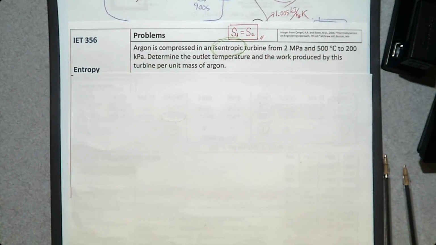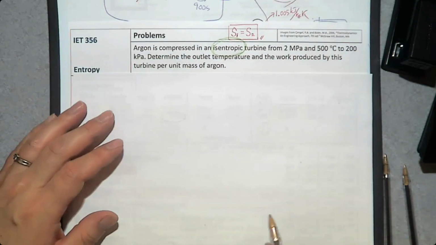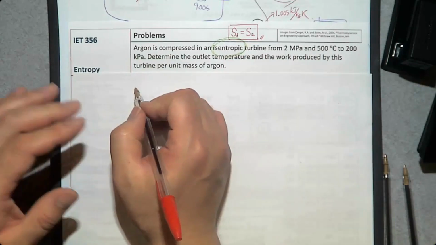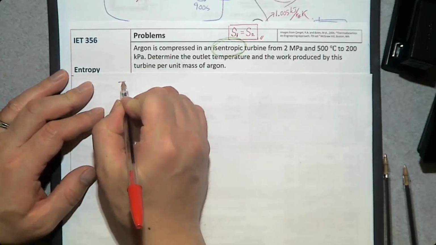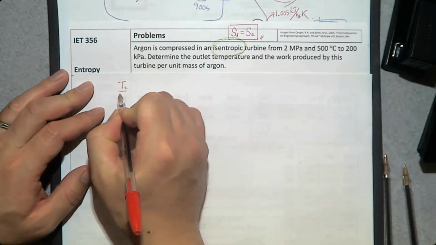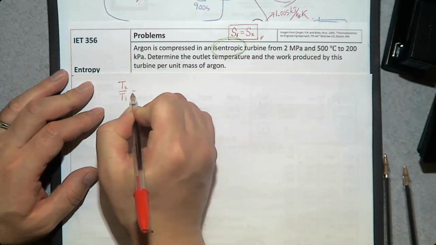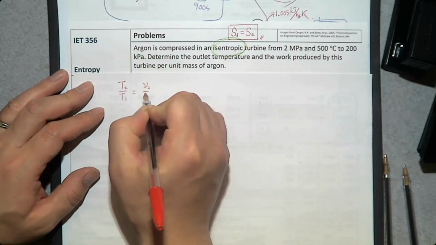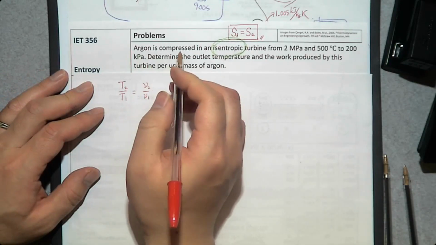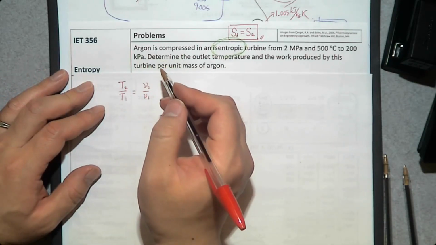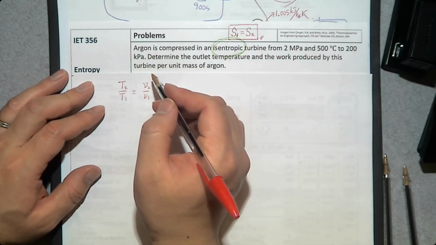Yes, you may remember that we derived three equations, such as T2 over T1 is V1 over V2 to the power kappa minus 1, something like that.